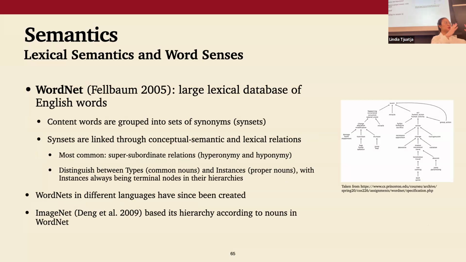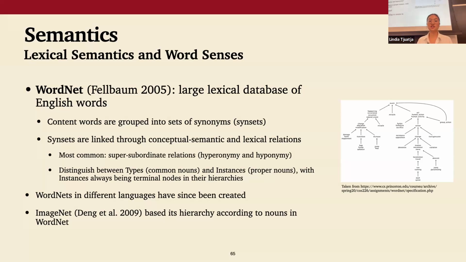Then for each grouping, they would link one grouping to another through these conceptual, semantic, and lexical relations. A very common relation that would link one group of synonyms to another is the super-subordinate relation, like I talked about. So all of the things grouped together with vehicle are above things grouped together with car, and so on and so forth.